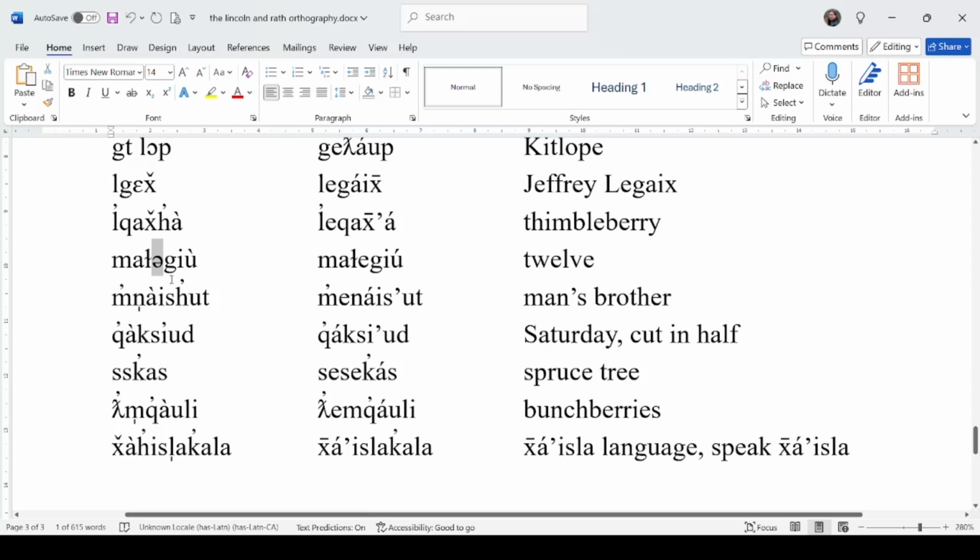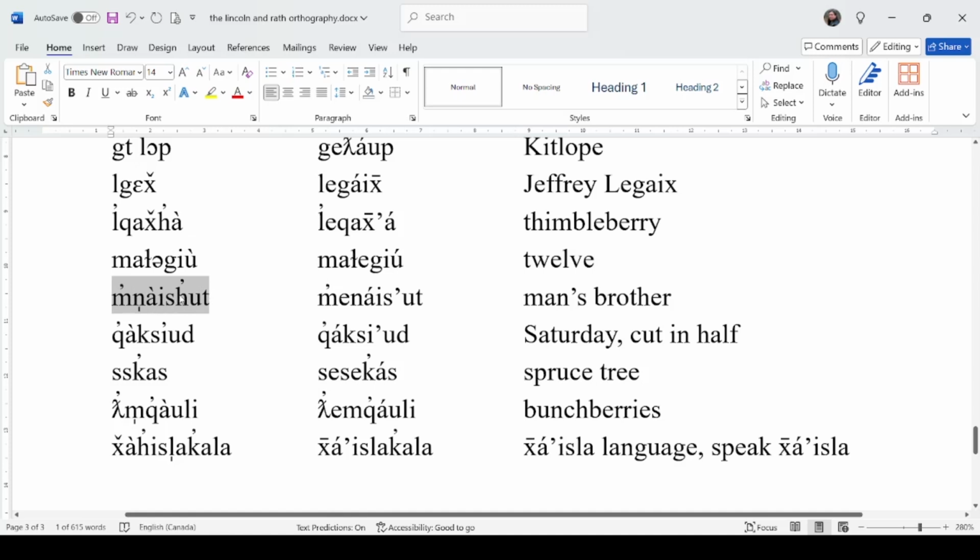They have the schwa in between the tilde L and the regular G. You have an I and then a grave accented U. It's pretty close to the hybrid spelling, which is the same except that we have a regular E instead of a schwa, and we have an acute accent on top of the U, pointing off to the right instead of the grave accent where the dash is pointing off to the left. And this means 12.